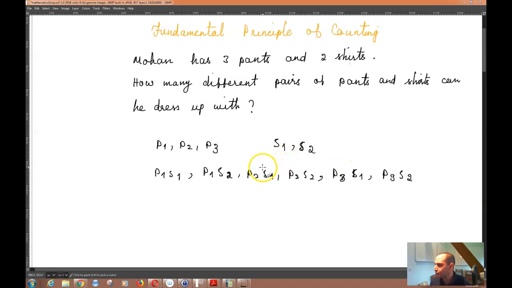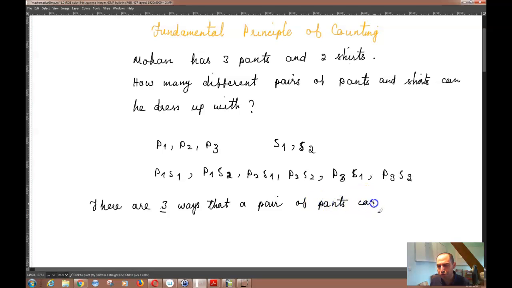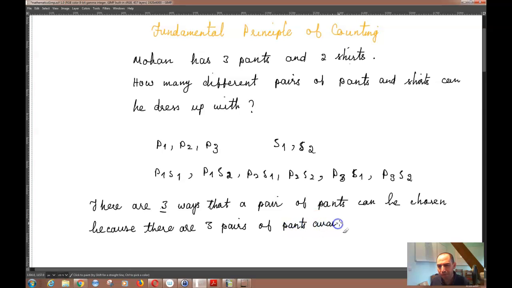So you can say that there are 3 ways that a pair of pants can be chosen, because there are 3 pairs of pants available, right?